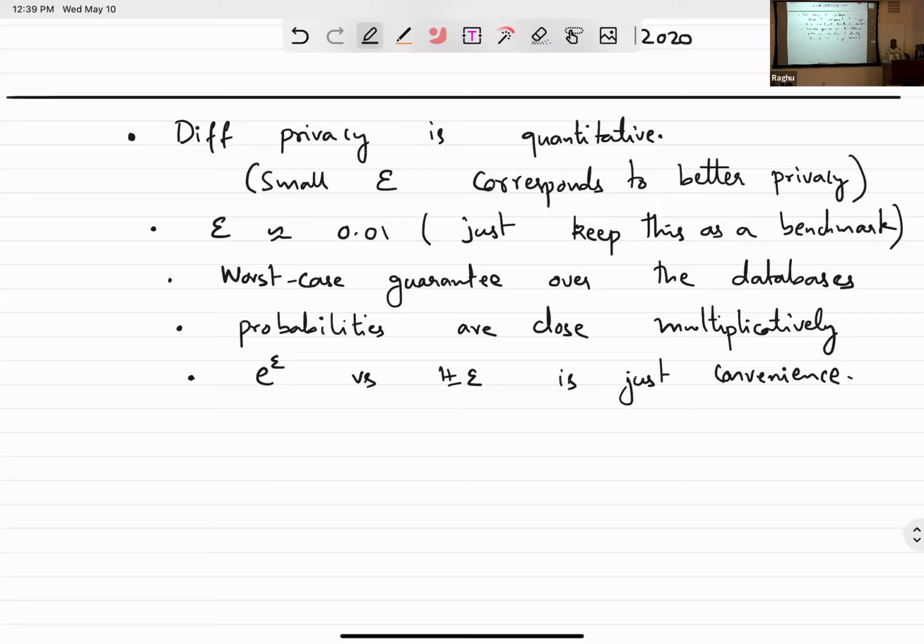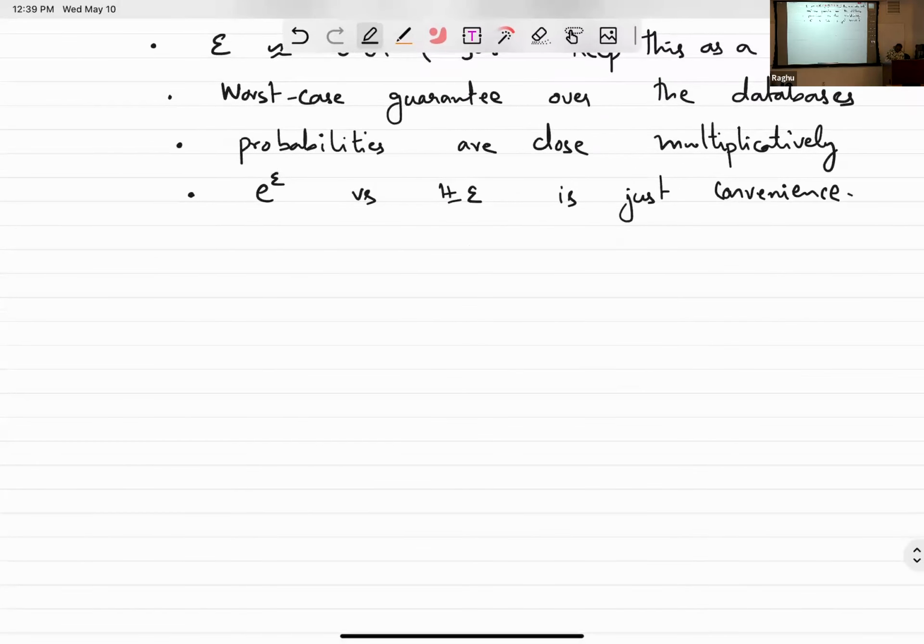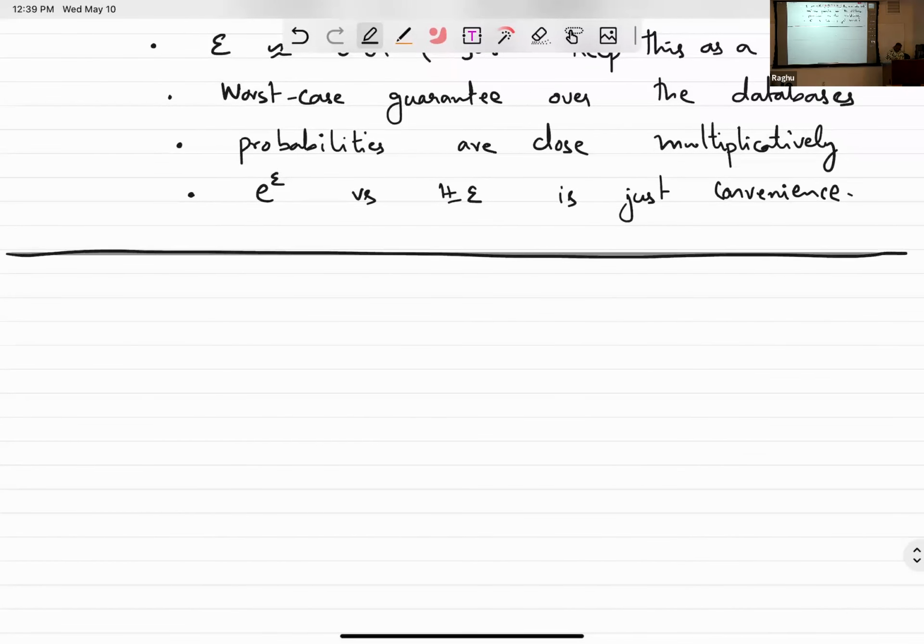Okay. All right. Now that we have a concrete model, we can ask, are there mechanisms like this for some reasonable statistical questions?